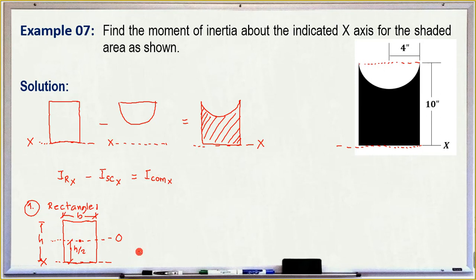So in order to find the moments of inertia of this rectangle along the x-axis, we're going to use the parallel axis theorem. Now if you watch the previous video, then maka-gets mo ni ani. So the moments of inertia, no, of this rectangle with respect to the x-axis. So why I highlighted this one, it's because the moments of inertia of this rectangle along the centroidal axis and the moments of inertia of this rectangle along this x-axis are different.